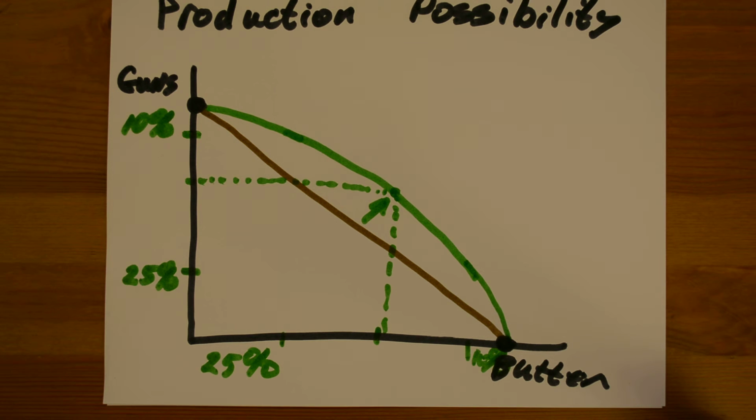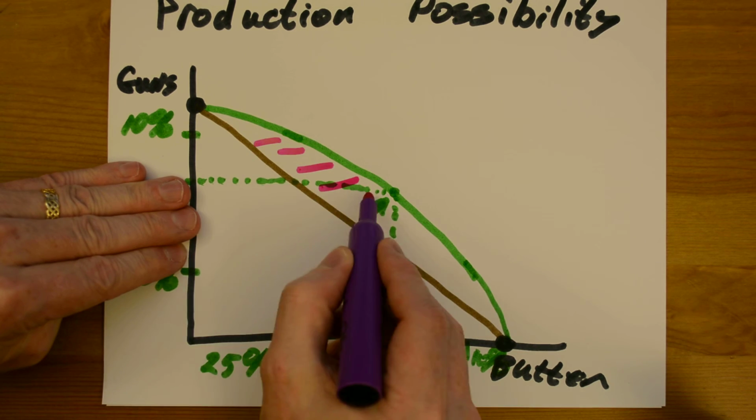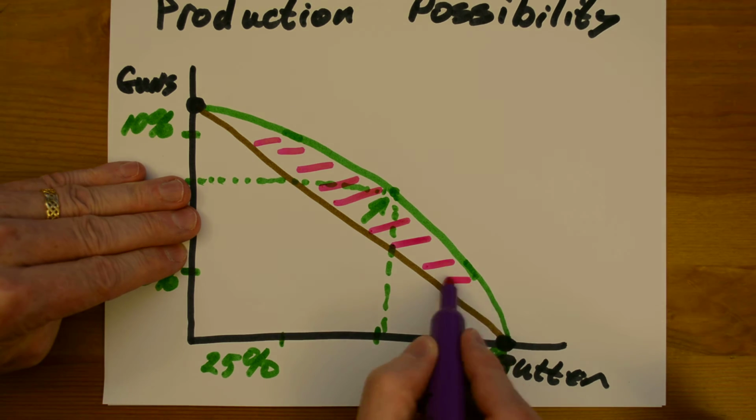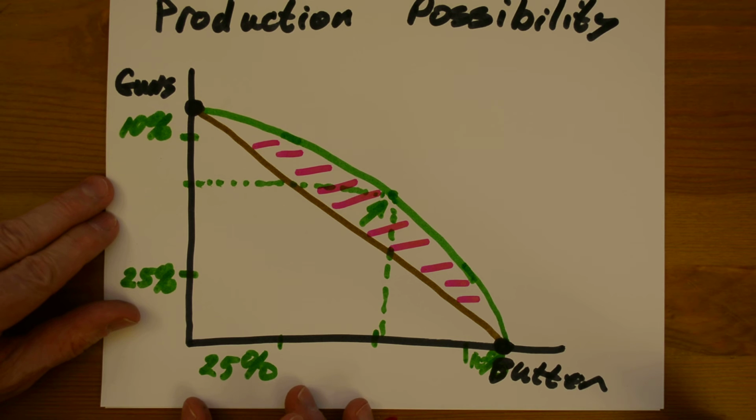The area inside this region is the additional economic output obtained through a balanced production economy.